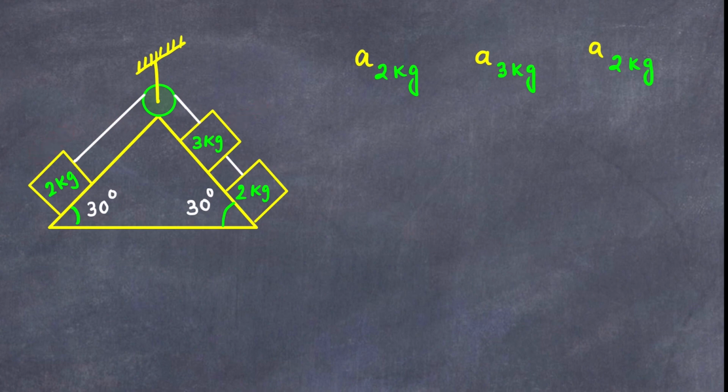Again, this 3 kg block and this 2 kg block are connected by a single string, so the acceleration of the 3 kg block will be equal to the acceleration of the 2 kg block. So in conclusion, the accelerations of all the blocks are equal.